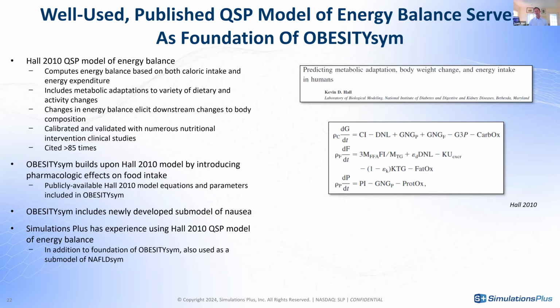What we did is we took that and extended it to include pharmacologic and nausea submodels that allow us to address these various questions that I described earlier with respect to how these treatments might affect both weight loss and nausea.